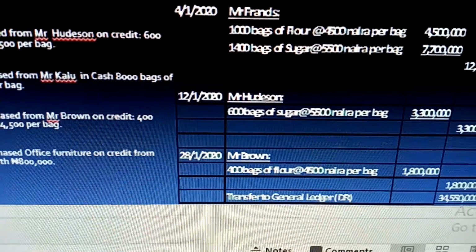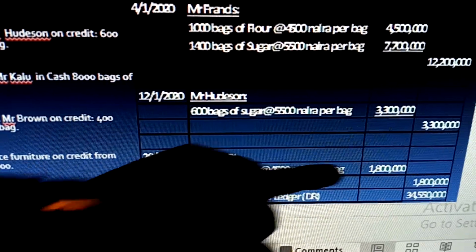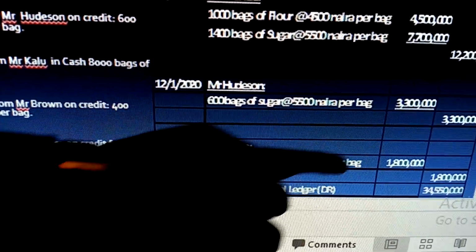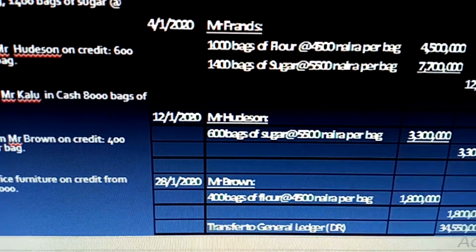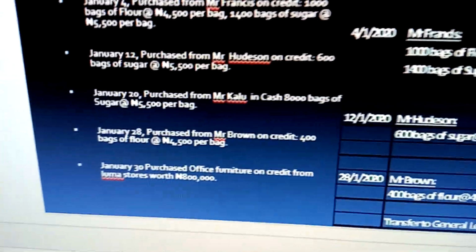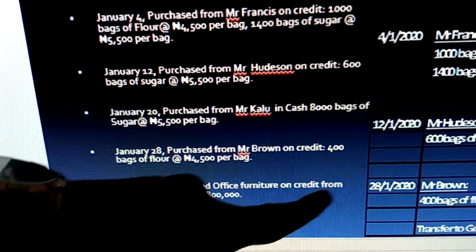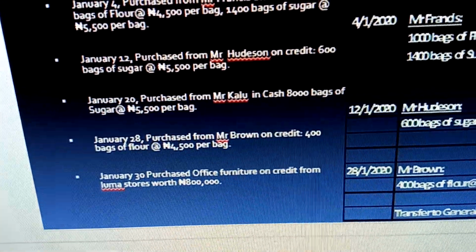Mr. Brown. 400 bags of flour at 4,500 naira per bag. If we multiply 400 by 4,500, we have 1,800,000.